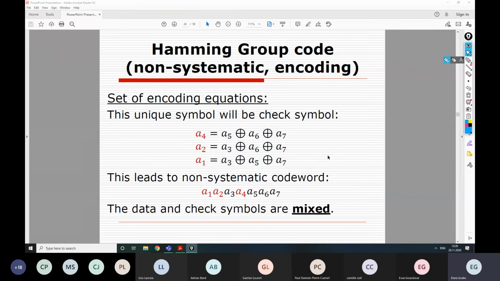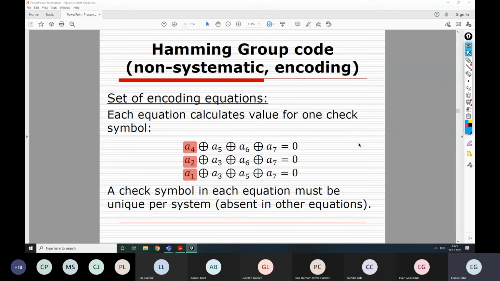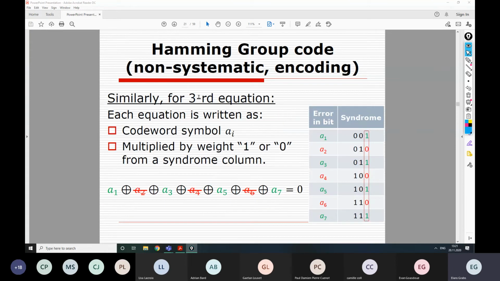works, yes? So currently we are talking about non-systematic coding because it has a nice property which shows up during correction of errors. So for non-systematic encoding, it has been obtained like this automatically if we follow this procedure.